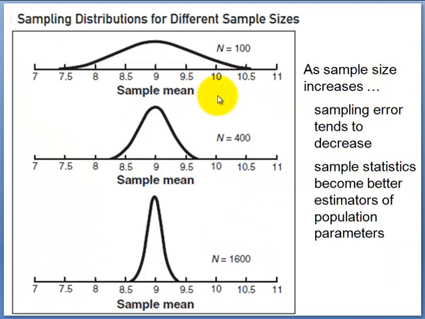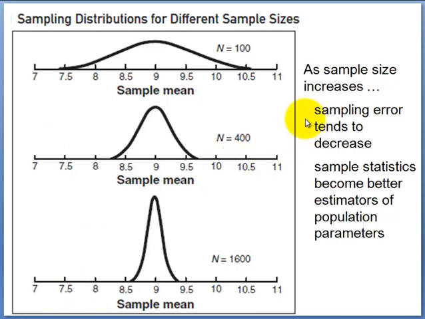Here's a visual depiction of the sampling distributions in our example for 3 different sample sizes. So you can see the sample means are more spread out here than is the case where sample size is 400, and then that the sampling distribution is narrower still when sample size is 1600.